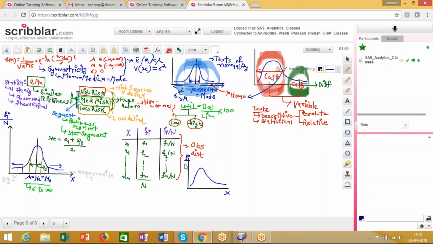Now why is this called the observed frequency distribution? It is called the observed distribution because it is obtained from the observed values of the frequency distribution.